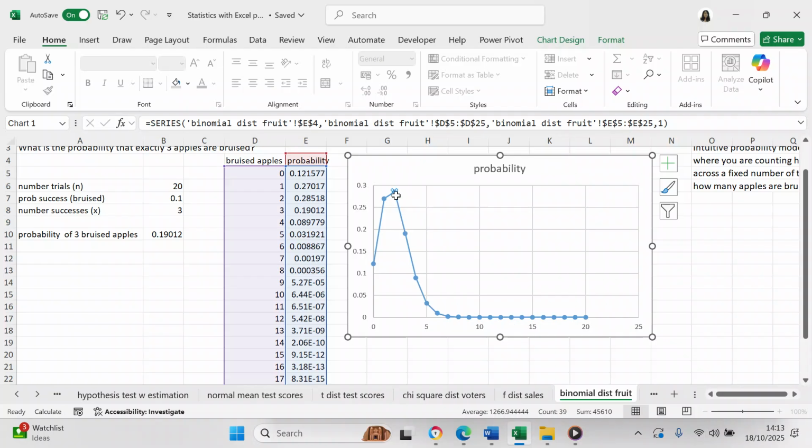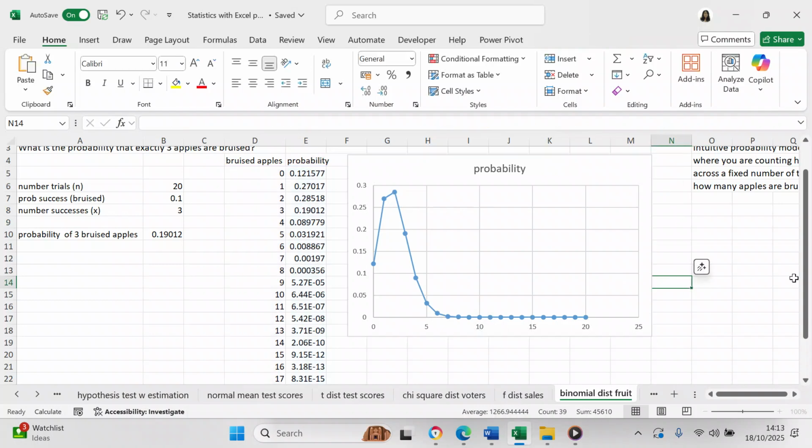Sorry, that's 0, 1, 2, 3. And then 3 apples is 19%. 4 apples is like 9%. 5 apples is 4%. And then it goes down the list.